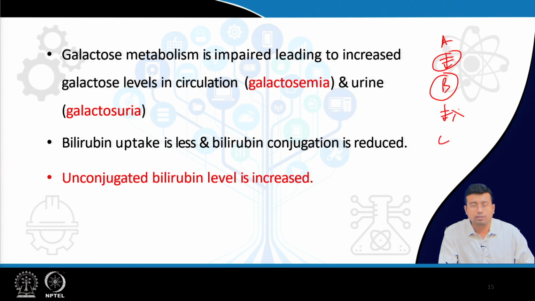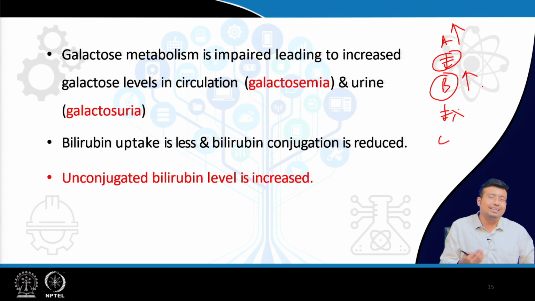So, ultimately A will be accumulated, some B will be accumulated. Excess galactose accumulated in the system is also excreted in urine. If we test blood, there will be high galactose level, that is known as galactosemia. If there is excess galactose in urine, this is known as galactosuria.